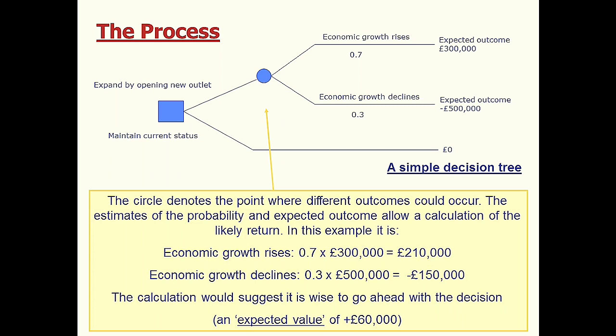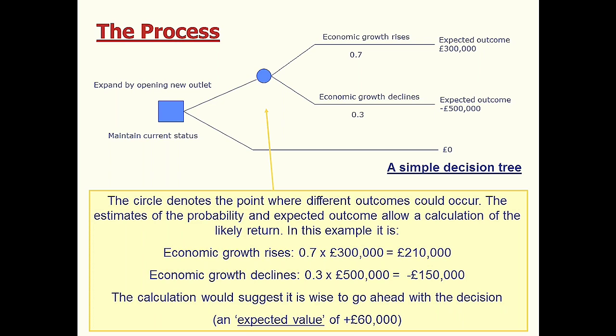So we are multiplying the outcome with the probability of that event, and then if the economy declines, the probability 0.3 multiplied by 500,000, which was the outcome as a result of economy declining. Now because this 500,000 was a loss, our answer will be negative, which is negative 150,000.